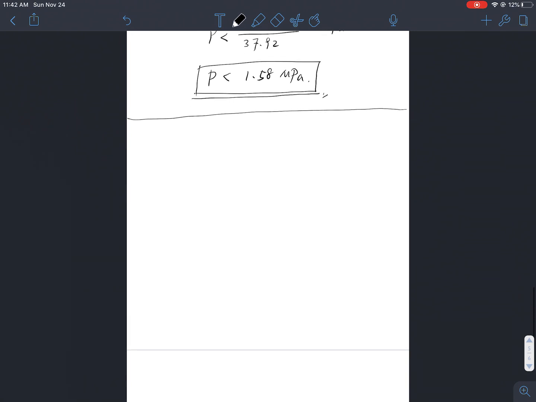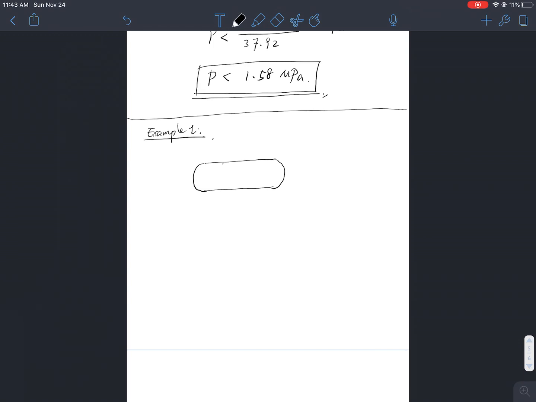So I want to show you some variations you can have based on this type of solution. For instance, example number 1. This is my pressure vessel. Again, let me try my best to draw it right.